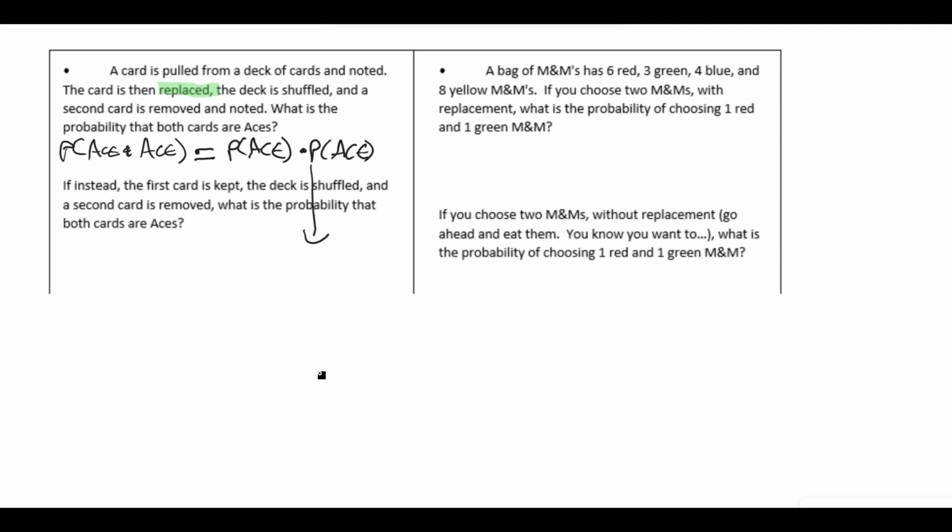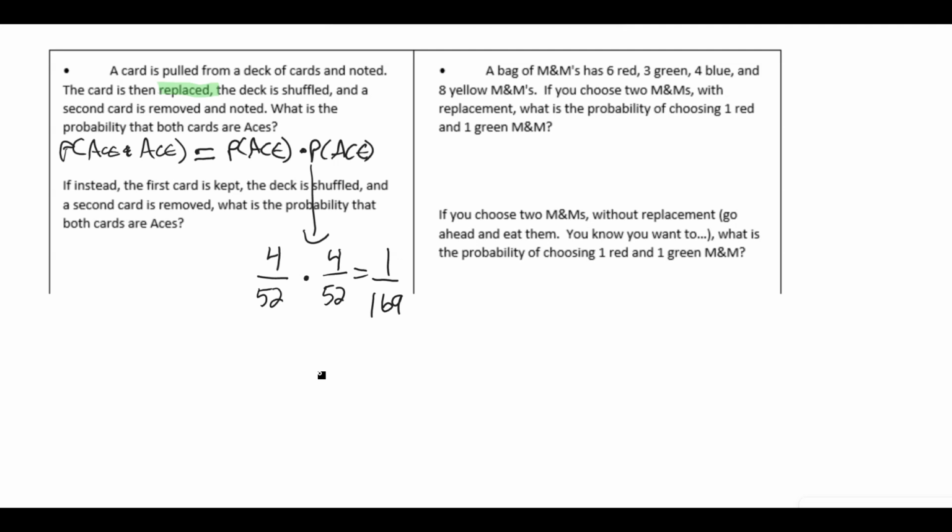So that would be, there are 4 aces out of 52 cards times 4 aces out of 52 cards. And this reduces to 1 over 169. So this is the probability of getting 2 aces with replacement.